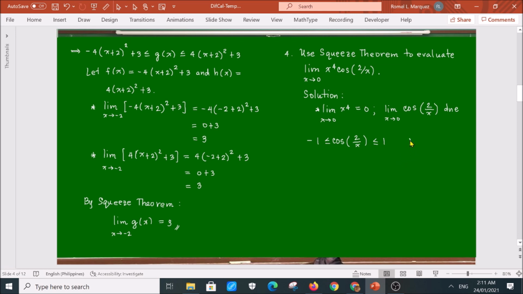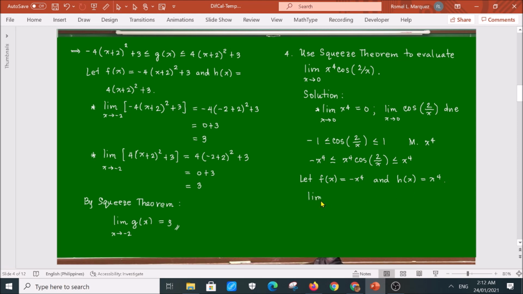If I multiply this by x to the fourth on each side, I get negative x to the fourth less than or equal to x to the fourth times cosine of 2 over x, and that is less than or equal to x to the fourth. So from here, I can take f of x as negative x to the fourth and h of x as x to the fourth.